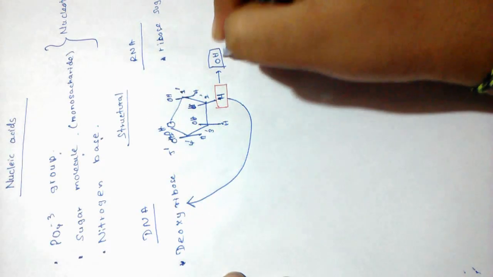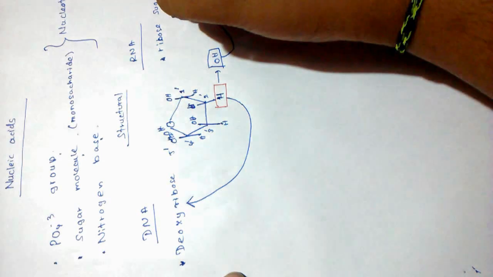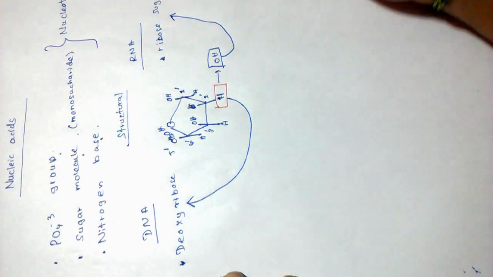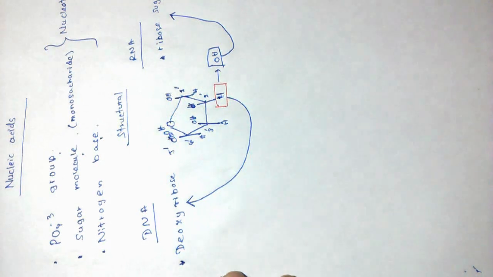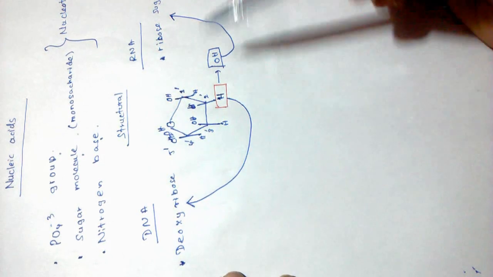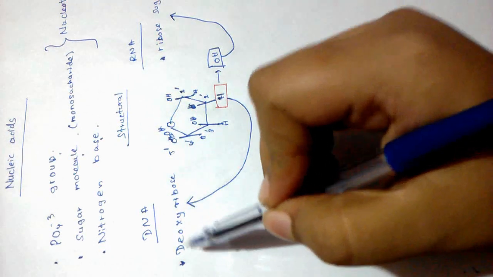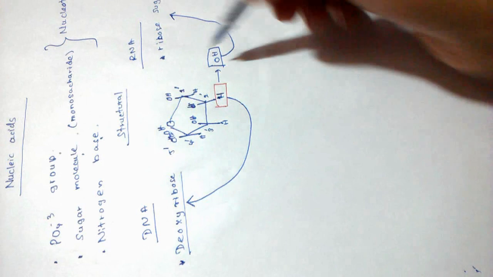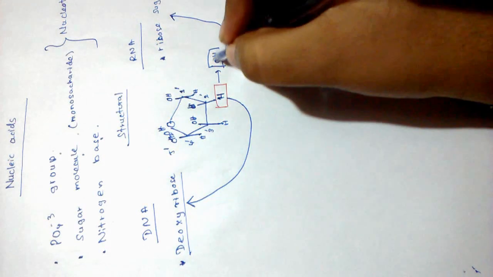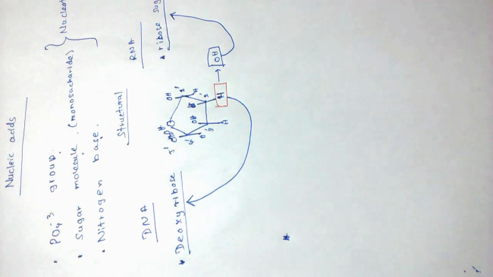If it is an OH group, it is called ribose sugar. This is the difference of the sugar molecule. So, deoxyribose has the H atom and ribose sugar has an OH group.